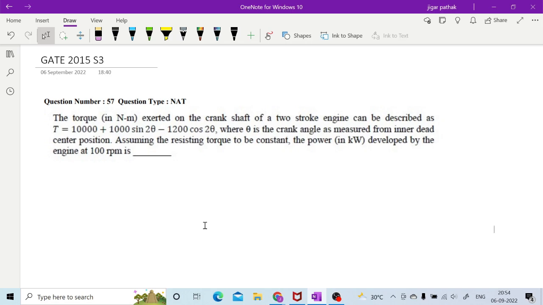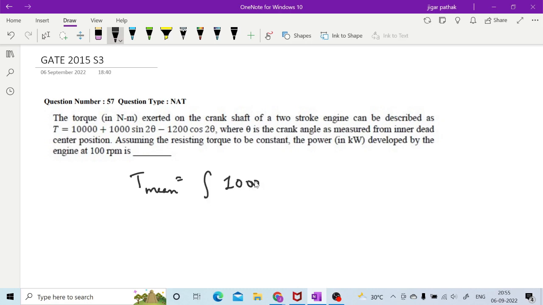Assuming resisting torque to be constant, find the power in kilowatt developed by the engine at 100 rpm. So here you have to integrate this torque to get the T mean.